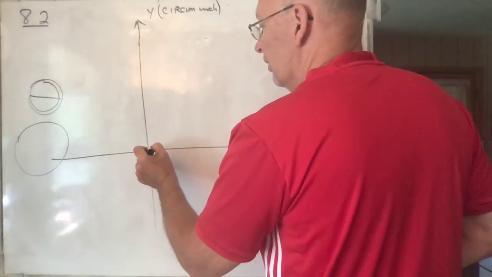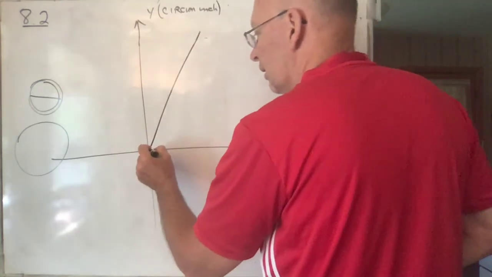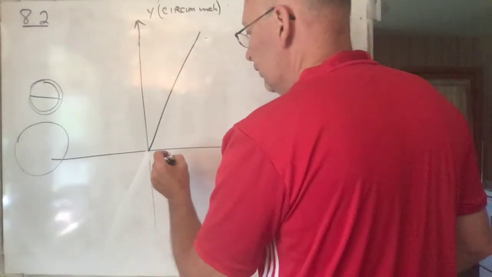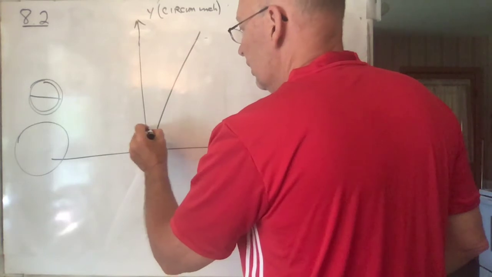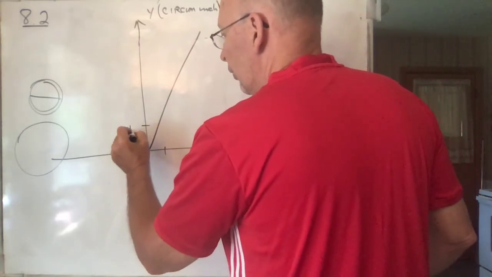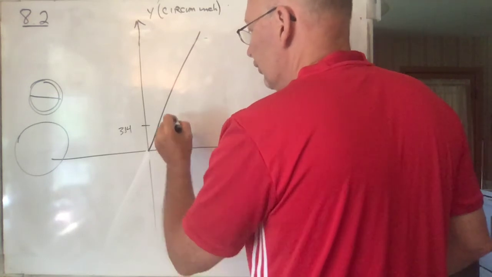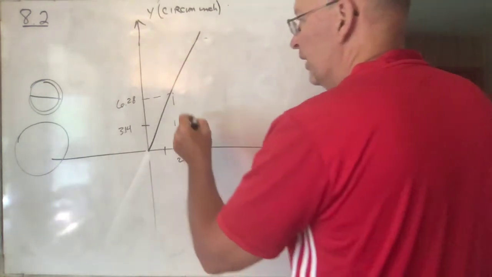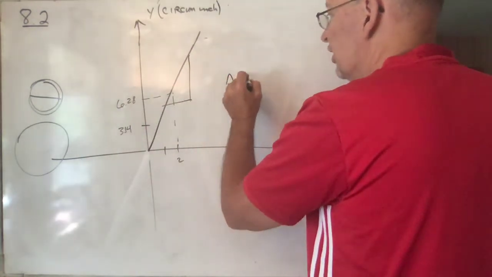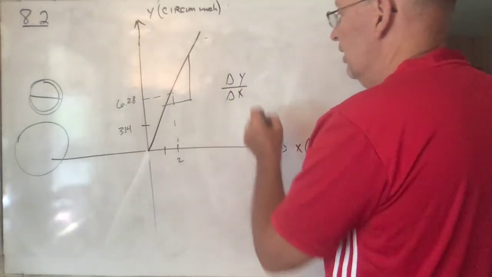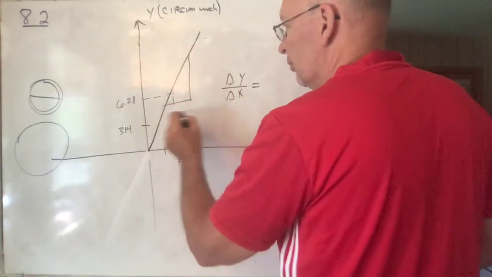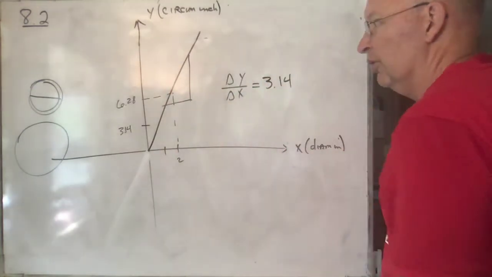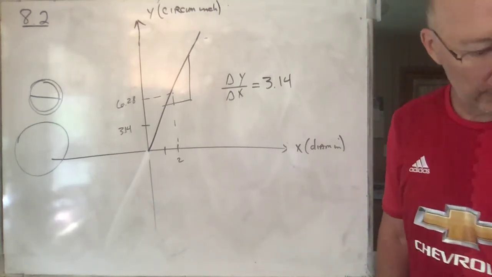And if you do that, you're going to get something like this again. Well, I guess it won't go negative, will it? And if you have 1 inch for the diameter, the circumference will be roughly 3.14. If you go 2 inches for your diameter, the circumference will be around 6.28. And so the ratio of the change in y over the change in x is just going to be this slope right here, which is going to be 3.14, which is of course the value of pi. Okay?